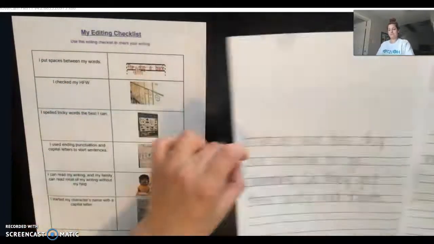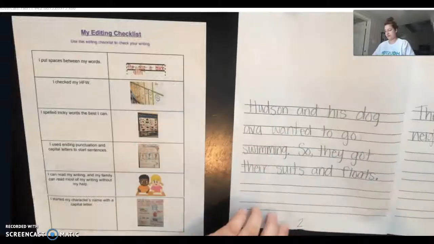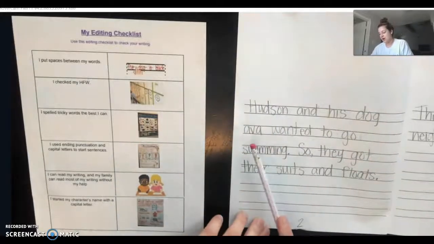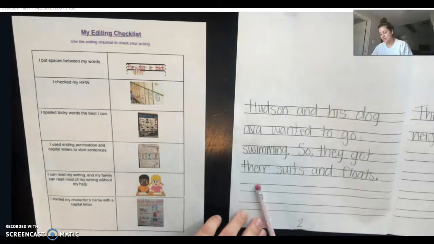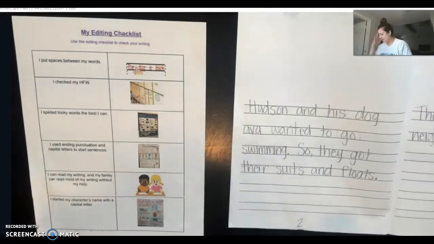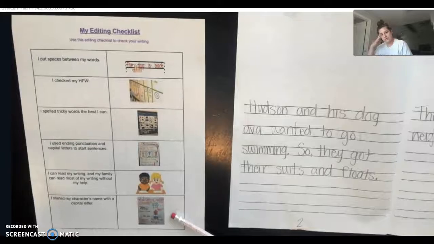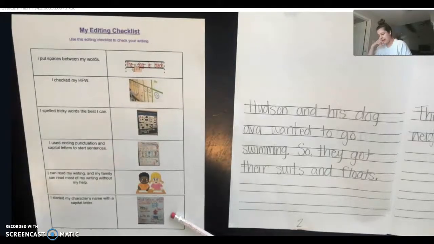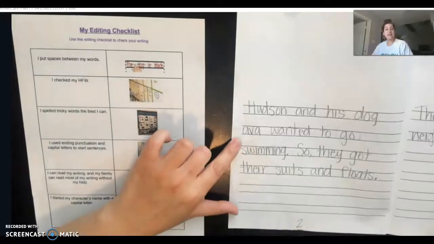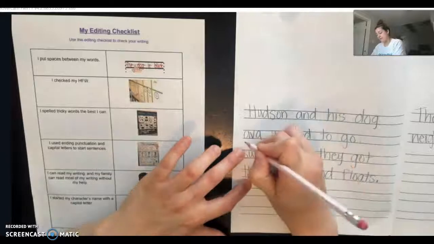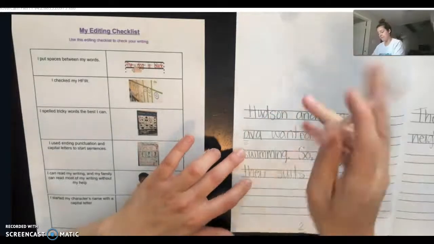Okay. Page 2. Hudson and his dog, Ava, wanted to go swimming. So they got their suits and floats. Oh, I noticed something. I didn't start my name. Do you realize what I should have started with a capital letter? Ava, the dog's name. That should be capital.